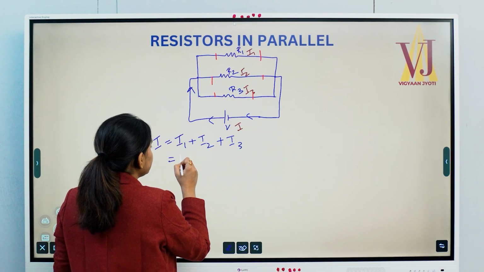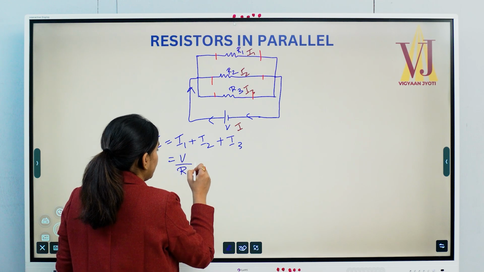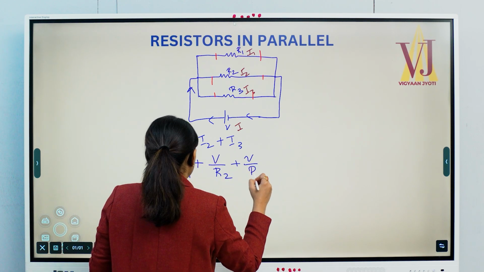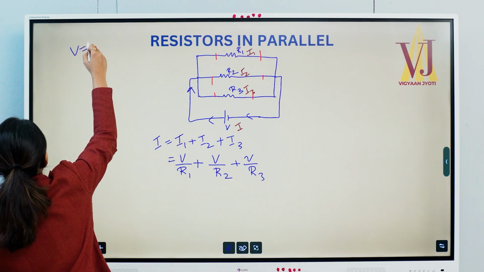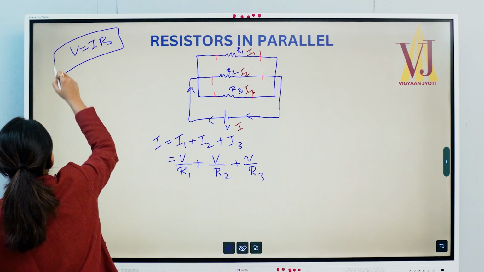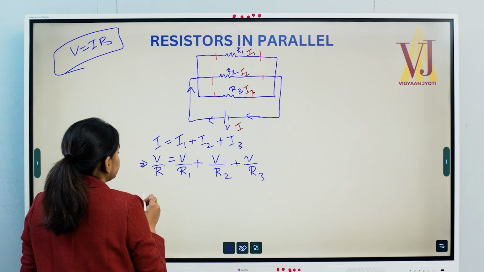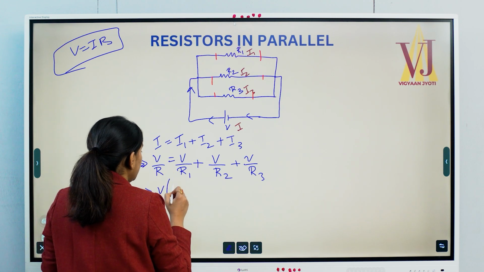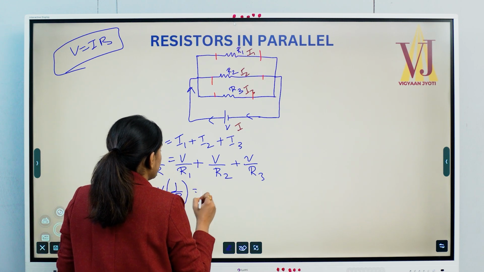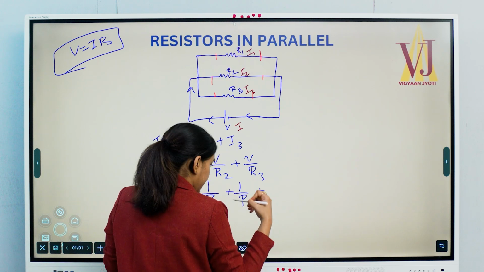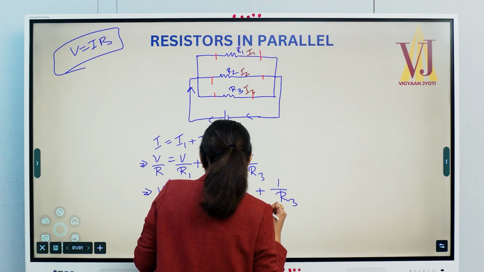Now I1 I can substitute by V by R1, I2 by V by R2 plus I3 by V by R3. Now we know potential is equal to IR, so current is V by R. Then 1 by R is equal to 1 by R1 plus 1 by R2 plus 1 by R3.